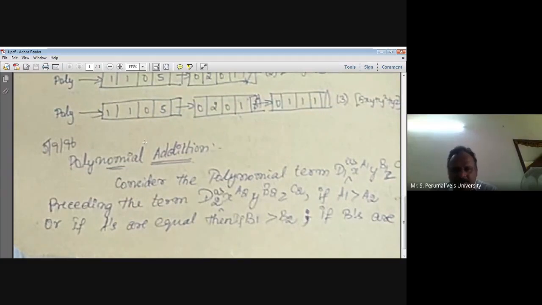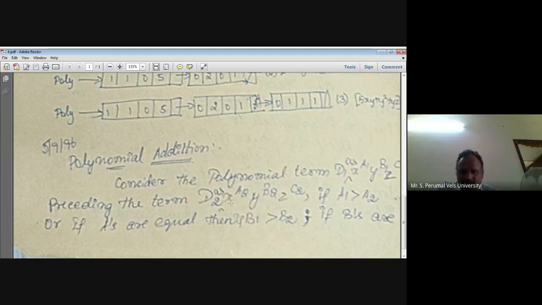The first one the P, second one the Q, third one is the R. These two are added and stored in the R polynomial, which is the resultant polynomial. So the first term is given as D1, the second one is given as D2. D1 le X, Y, Z are given there. D2 le X, Y, Z are there. Okay, is it visible ma? D1 is the first term, D2 is the second term.